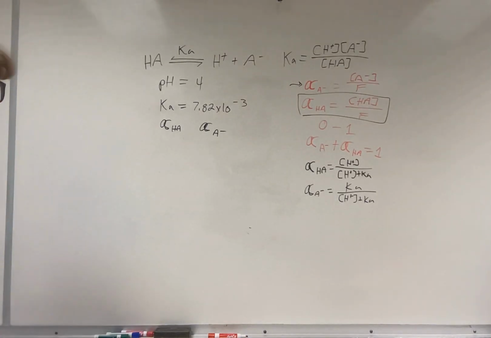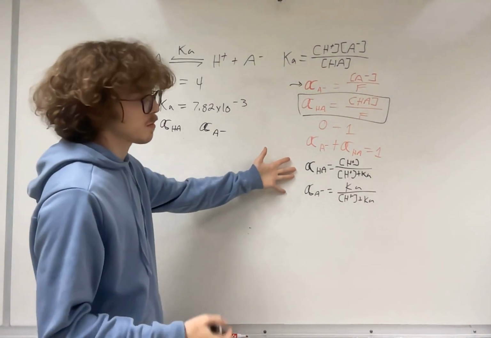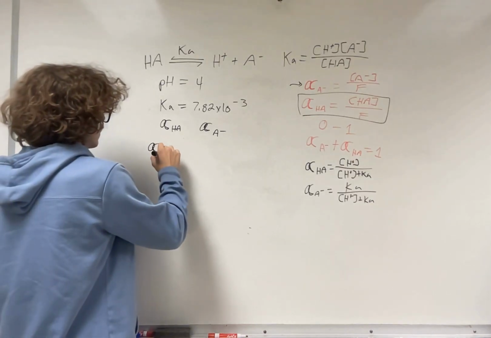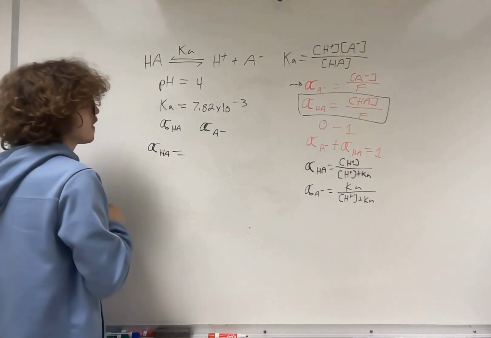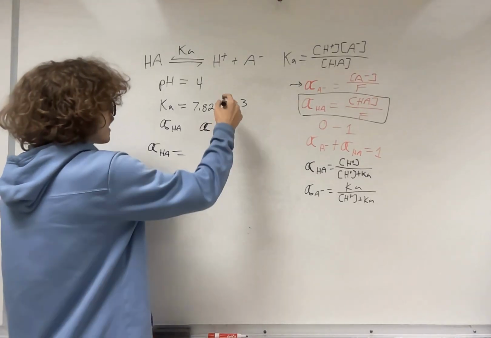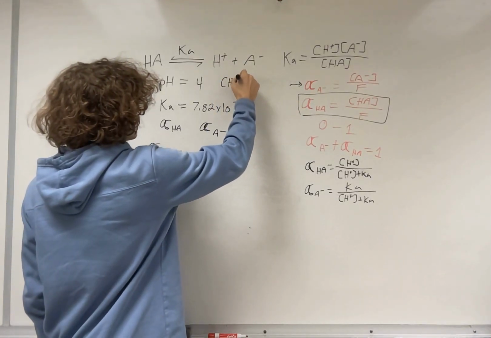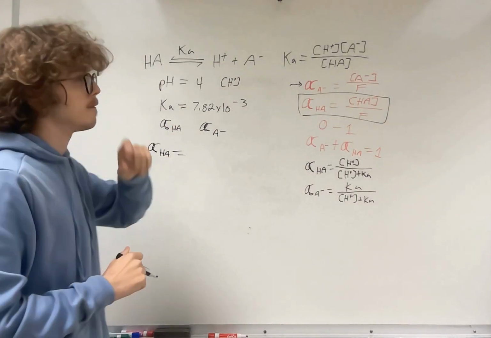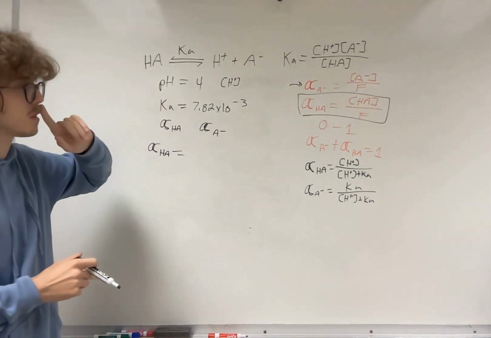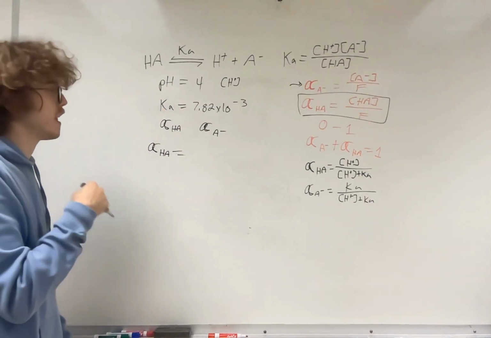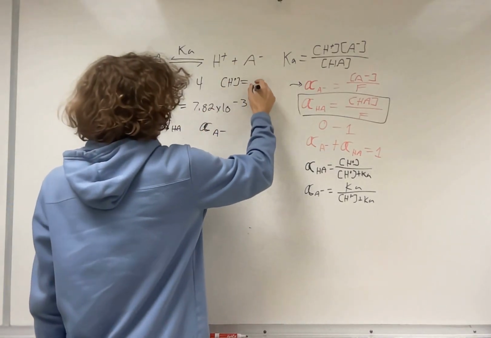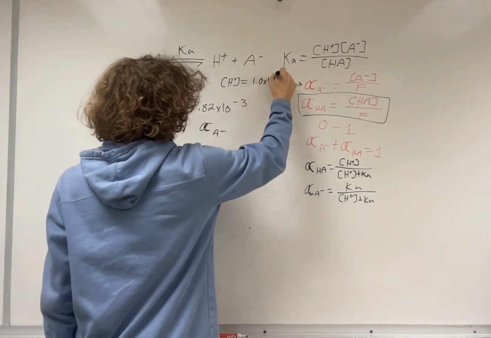Okay, so hopefully you paused the video and tried to work through it. We're just going to take these formulas we've already derived and use them now. So the fraction of HA is going to be equal to, we actually need to find the concentration of H plus first. The pH is 4, so the H plus concentration is 1.0 times 10 to the negative 4.